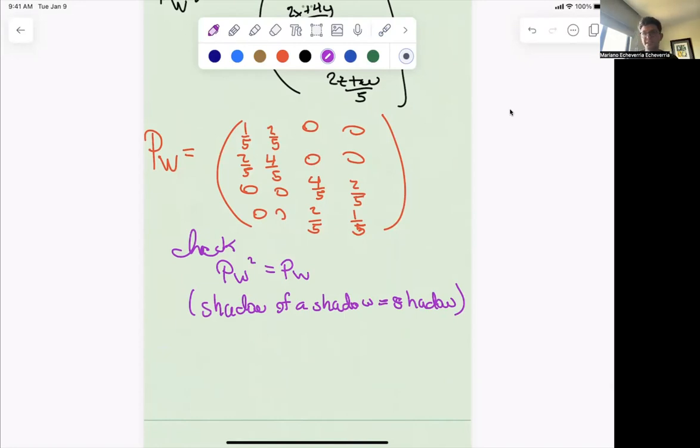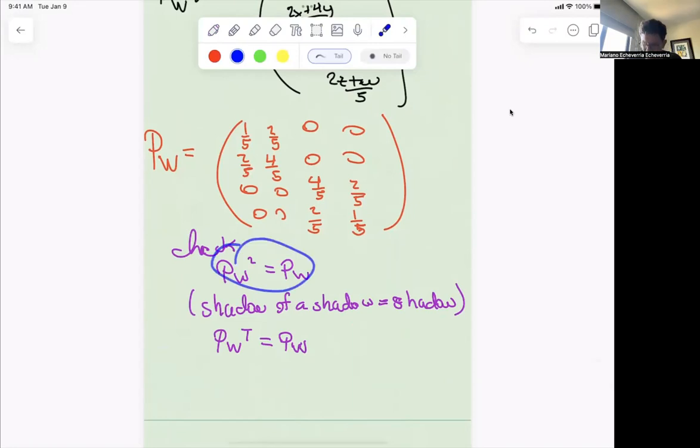The other thing that happens in these cases is that they will always be symmetric as well. This is not a practical one to check, you don't want to square this just to realize that it's the same, but checking symmetry in practice can be useful to confirm you have the right entries. If this doesn't look symmetric, then it could not have been the projection matrix.